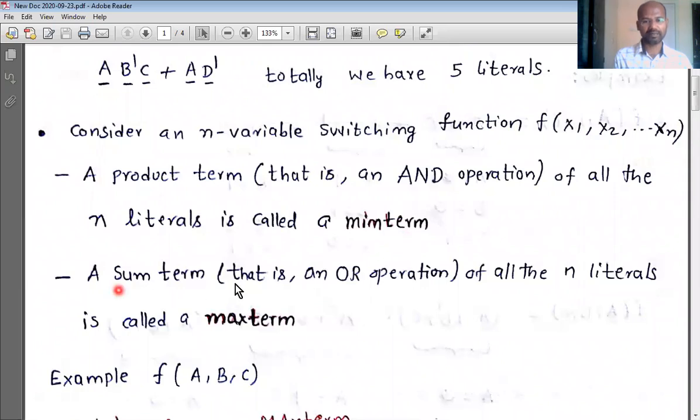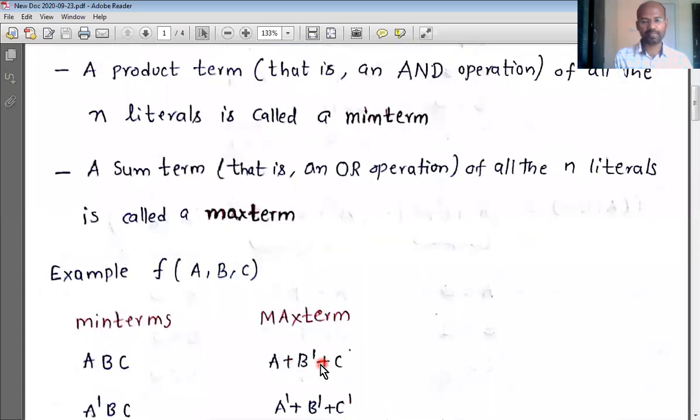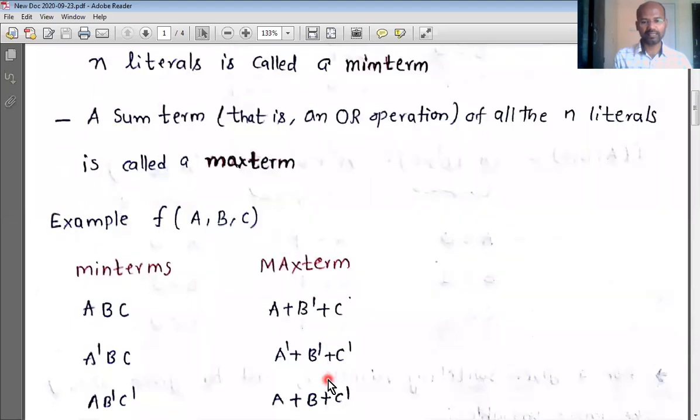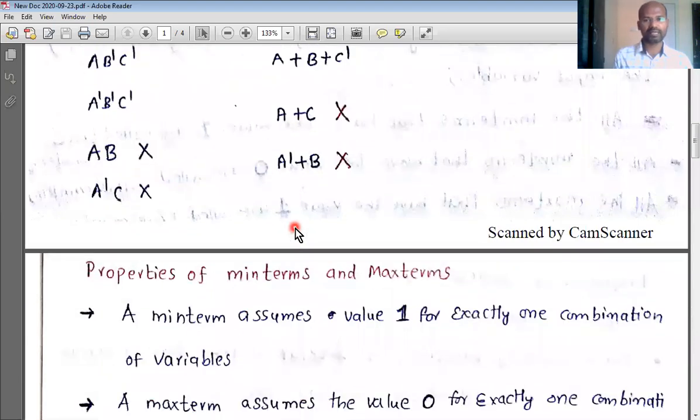A sum term means between the literals, the operation performed is OR operation, addition operation. The sum term of all the n literals should contain all the literals, then only it becomes a max term, not otherwise, right? That is min term and max term.